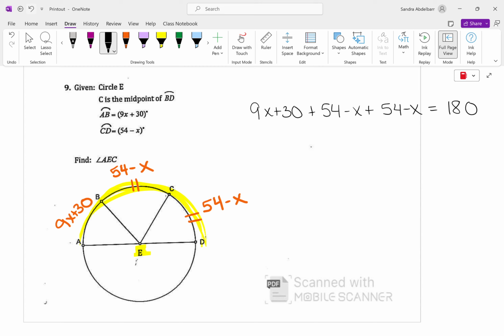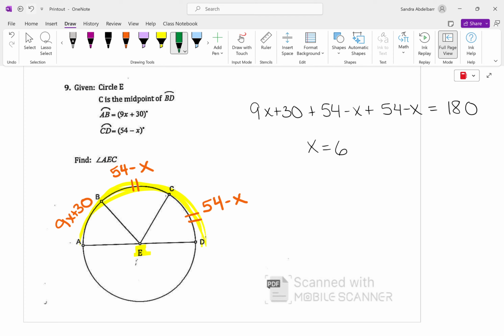Could you all solve that and tell me what you get? PJ? Yep, x equals 6.